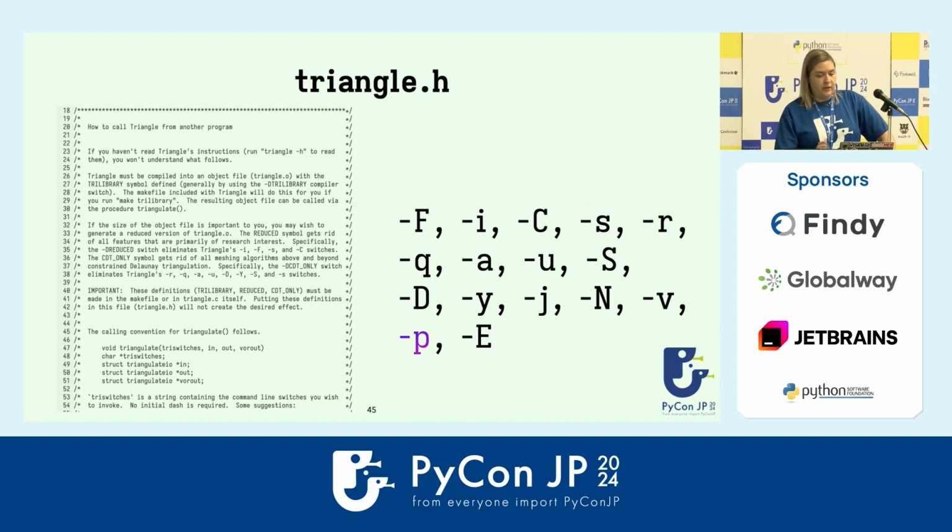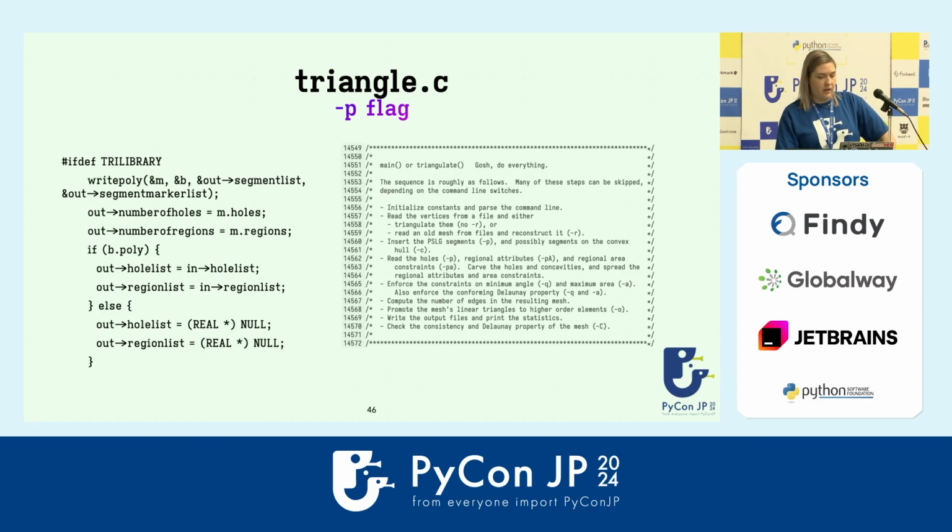So I went through the ones that were being used, and basically what I discovered from triangle.c, the original Shewchuk library, is that there was this macro that was being entered when the P flag was enabled. And I wasn't using it previously because it was just controlling an output setting that I didn't really need. But section properties does need that polygon output, like that format. So that's why it was in that section.